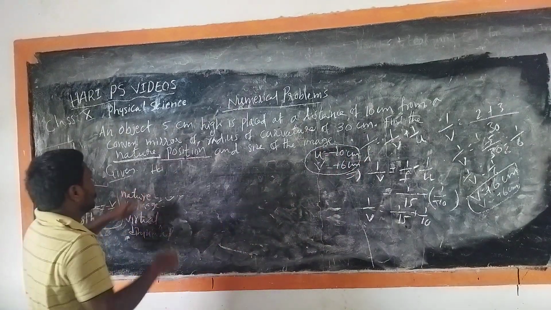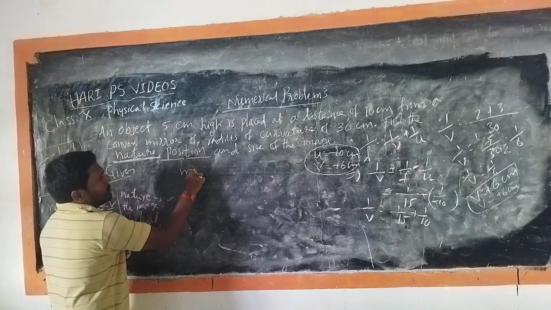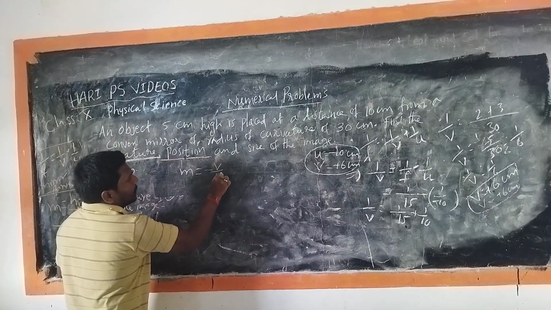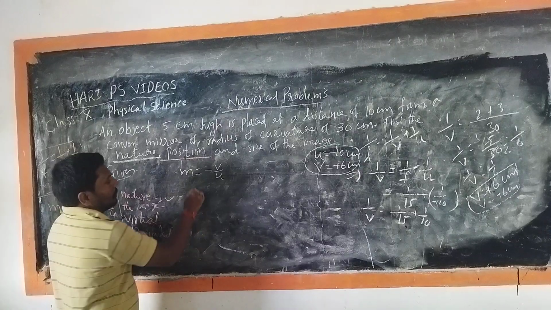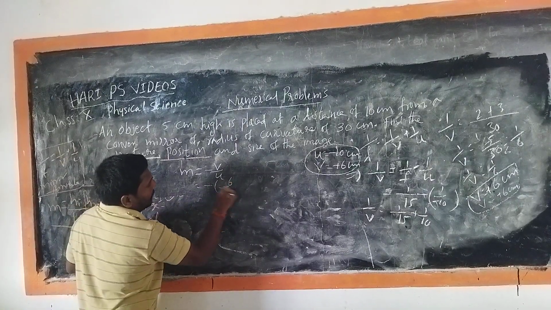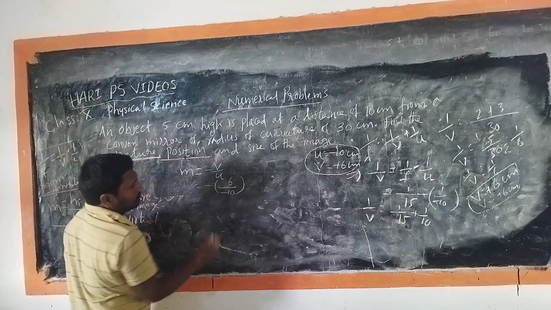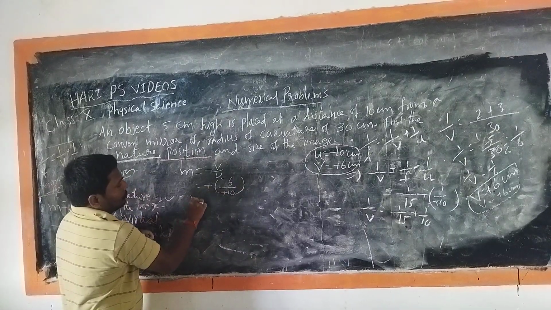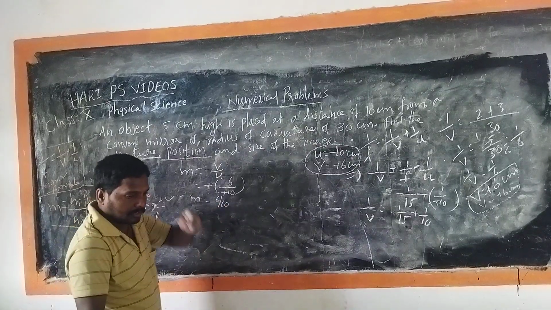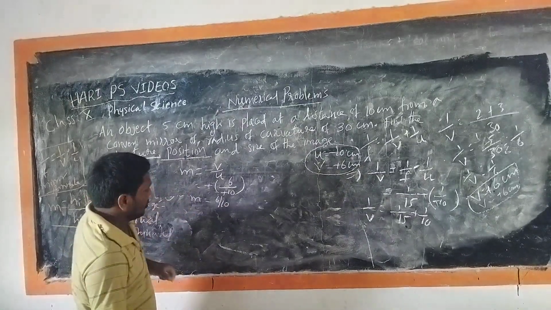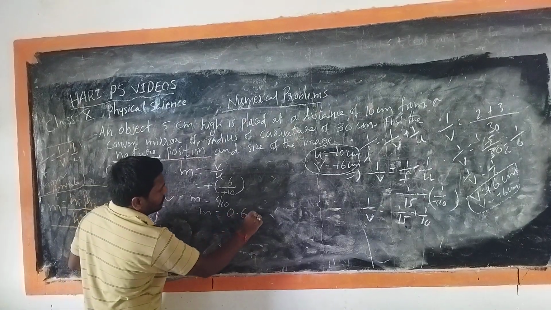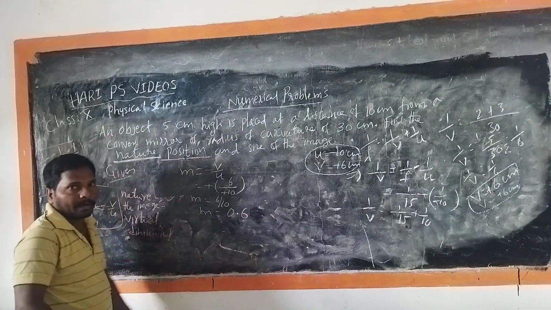So m is equal to minus of 6 by minus 10. The minus cancels out, then m is equal to 6 by 10, so m is equal to 0.6.